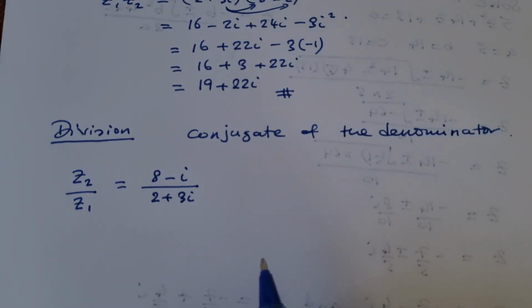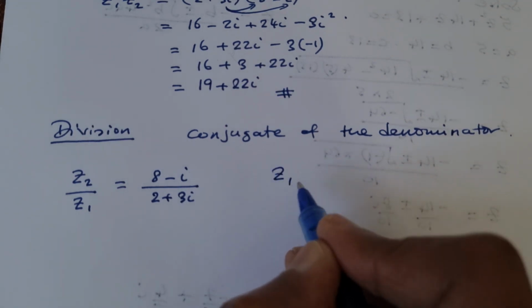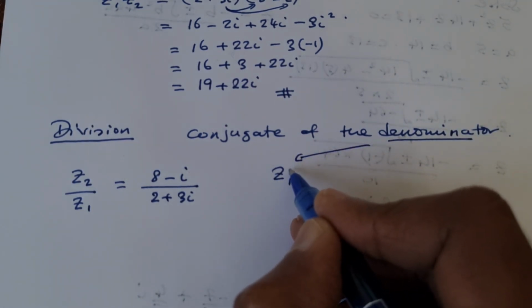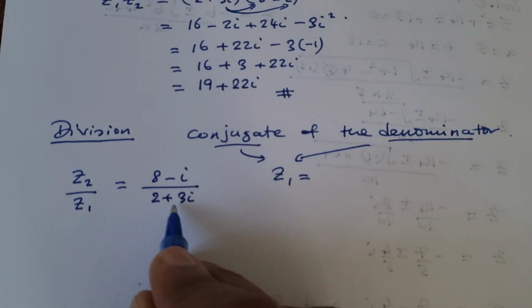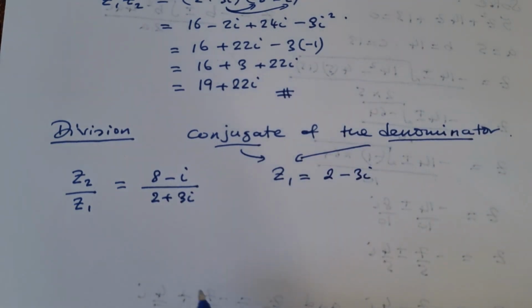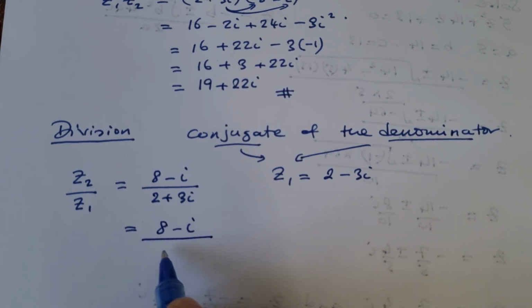That's what our calculator is giving us. This is our denominator. The denominator here is z1. And z1, if we want to find its conjugate, if this is 2 plus 3i, the conjugate would be 2 minus 3i. So what we do then is we use rationalization from surds.